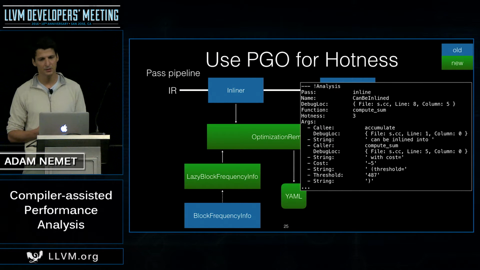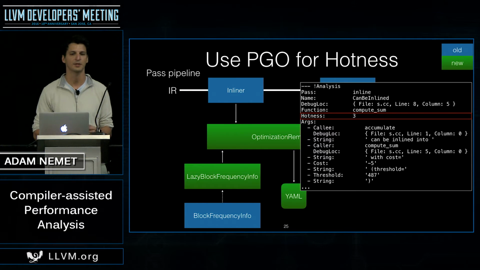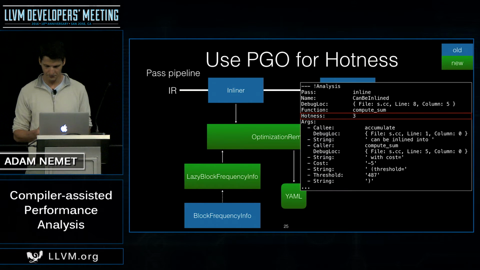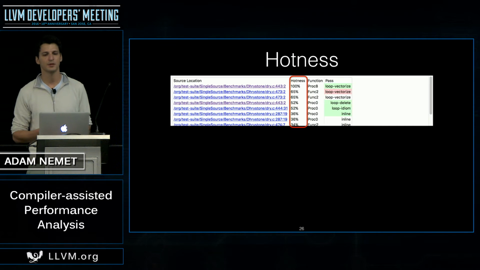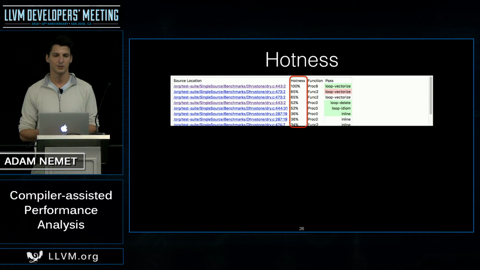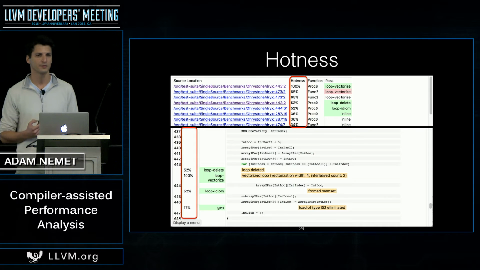Then the record gains a new field called Hotness, which is the PGO execution count. Hotness appears on the index page, where we sort the remarks by Hotness, and it also appears in a new column on the source view.